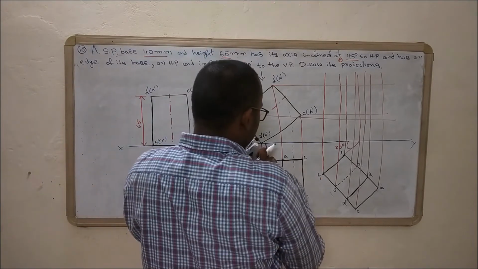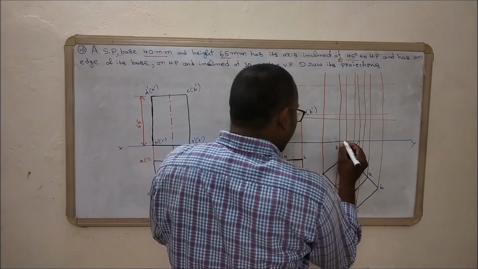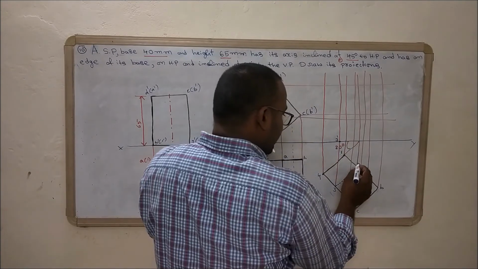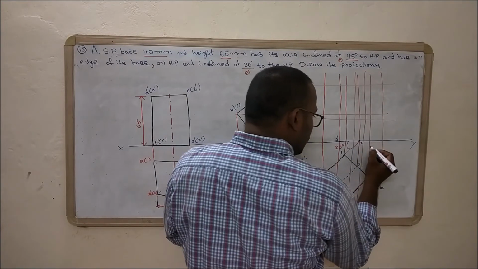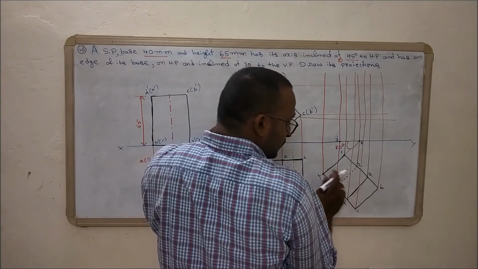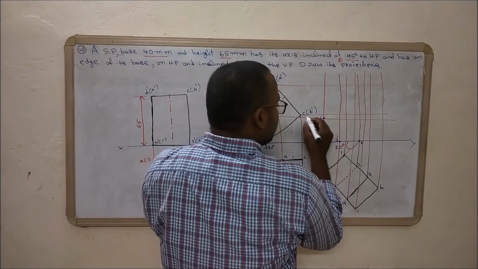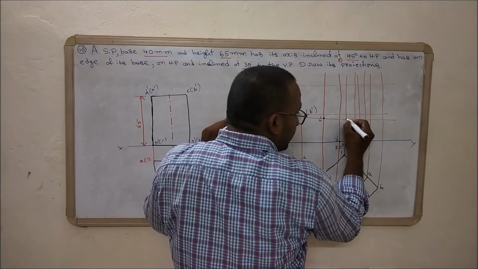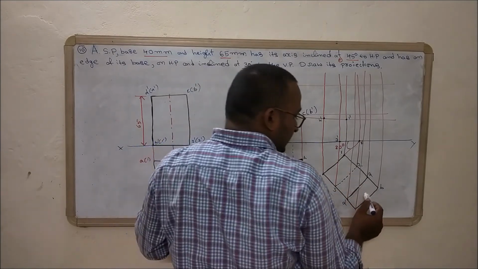So here it is 3 dash, and here it is 3. Mark that particular point with 3 dash, and then the 2 dash intersecting point is 2 dash, and then 4 dash, 4. Here there will be a 4 dash intersecting point, and then 1 dash, the 1 intersecting point will be 1 dash, and then ABCD.